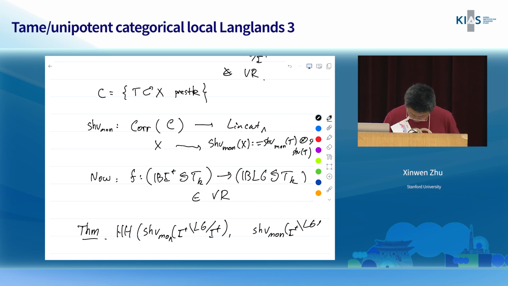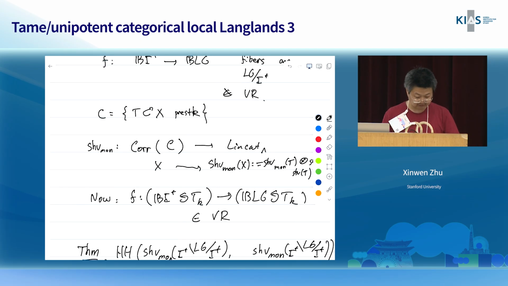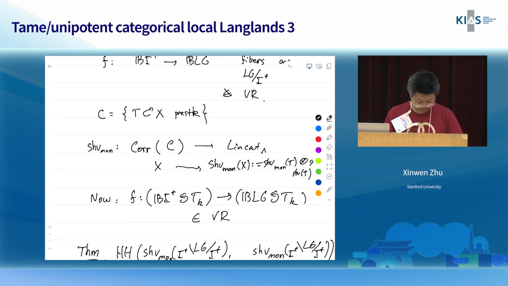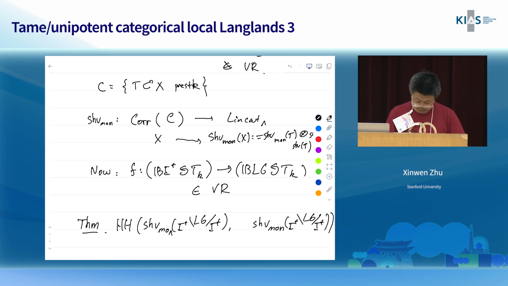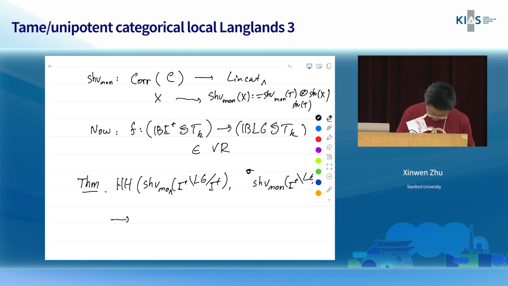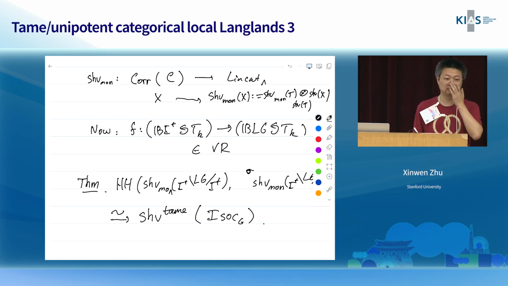But this bimodule looks very similar to the original thing, because Z is still just Y. So it's almost the same, except the module structure changes. It's not naturally multiplication. The module structure is changed by this kind of Frobenius, and this is actually equivalent to the sheaves on ISOC. Okay, we get this result.